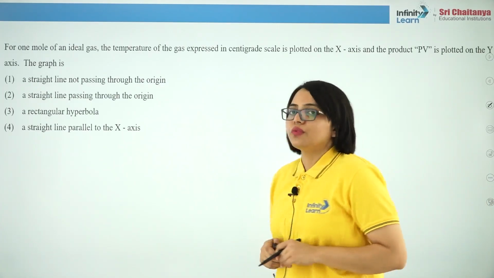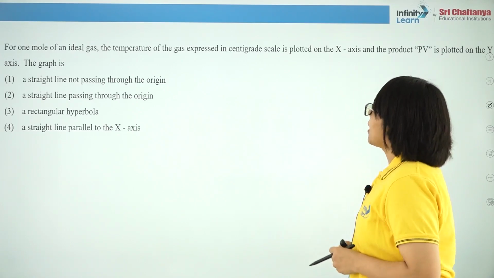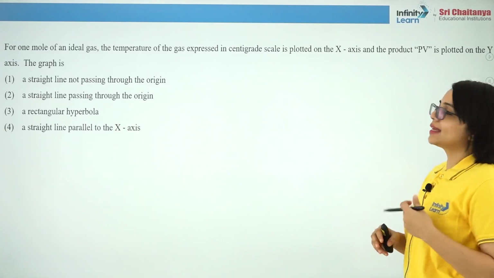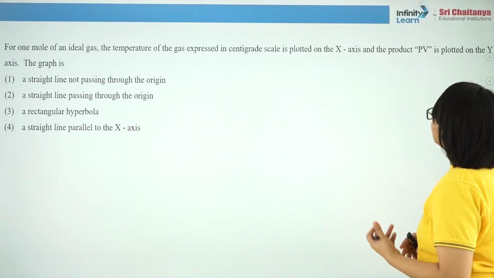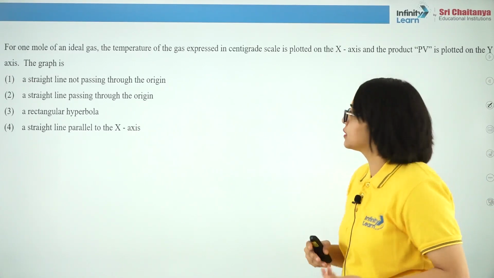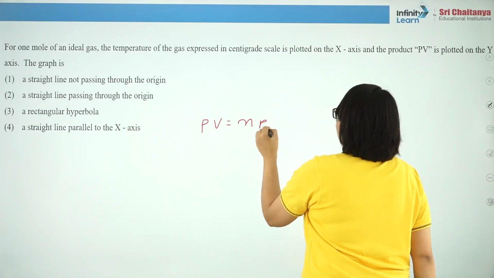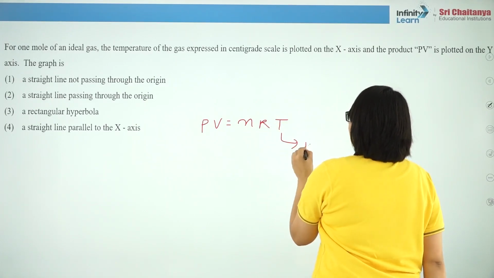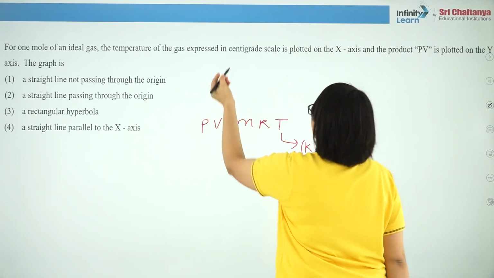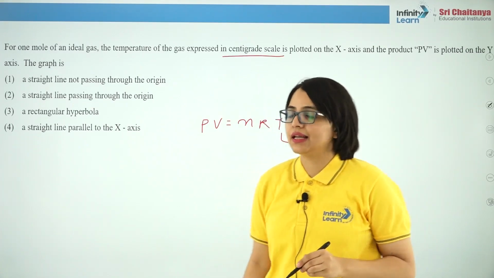Next question is 150. For 1 mole of an ideal gas, the temperature of the gas expressed in centigrade scale is plotted on the x axis and the product PV is plotted on the y axis. The graph is, so we have PV is equal to nRT, but this T should be in Kelvin. But in this question, the temperature is expressed in centigrade scale, right.